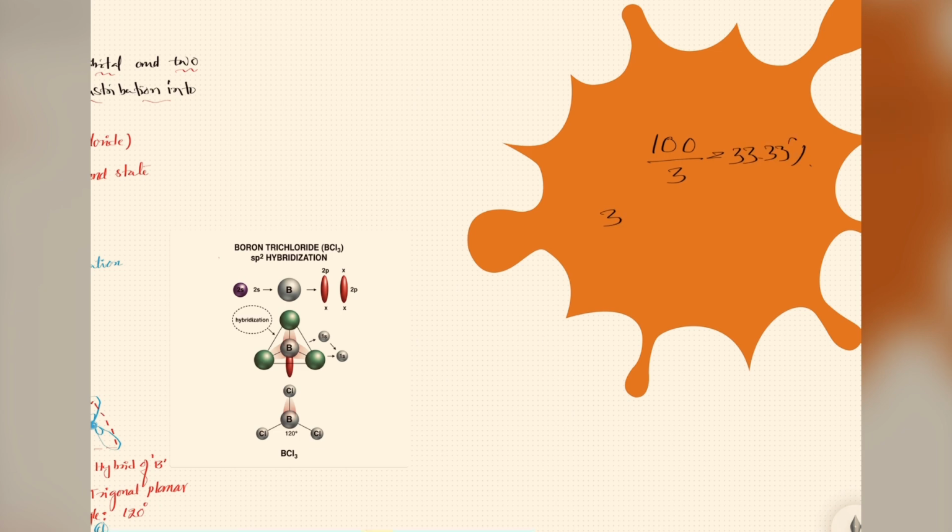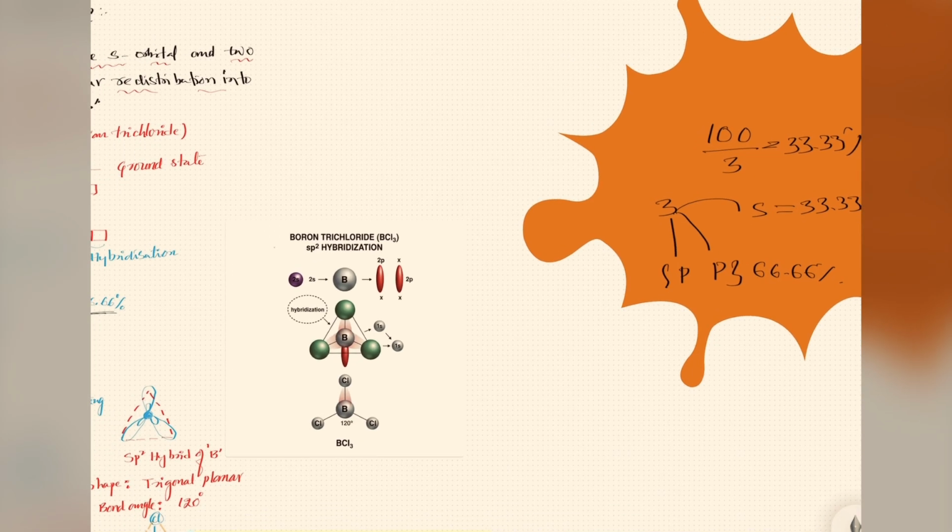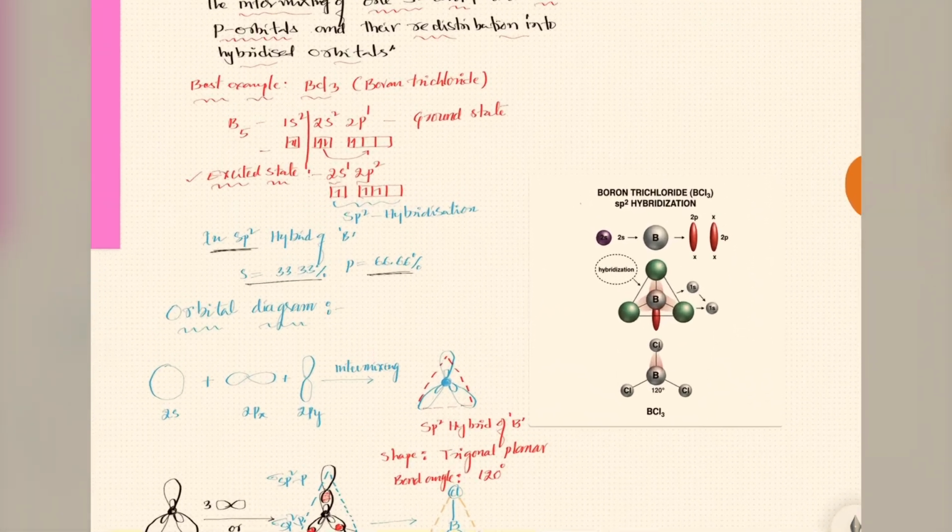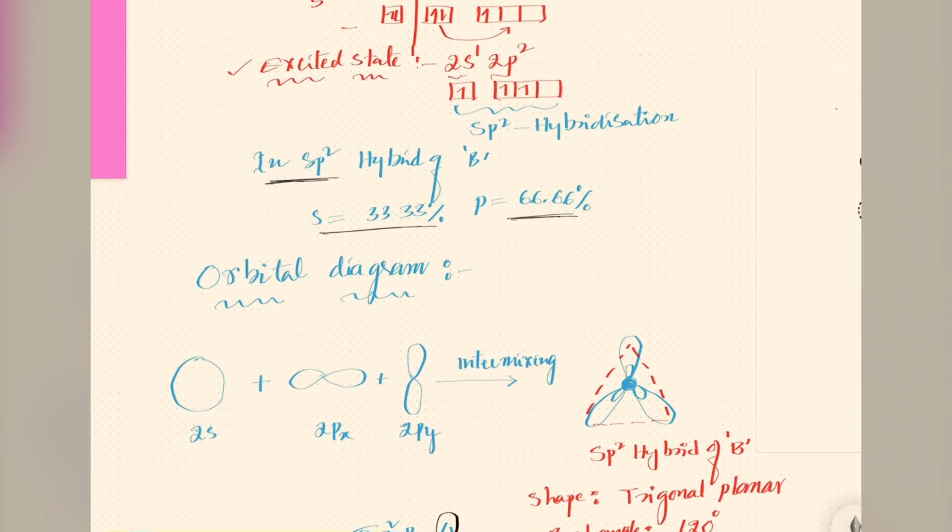We have three orbitals: one is an s orbital and two are p orbitals. These two p orbitals get 66.66%, whereas the one s orbital gets 33.33%. Clear? This is the percentage character in sp2 hybridization.